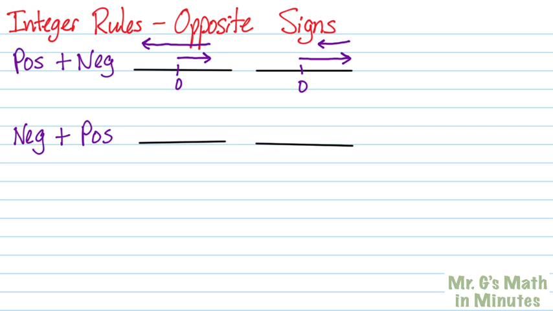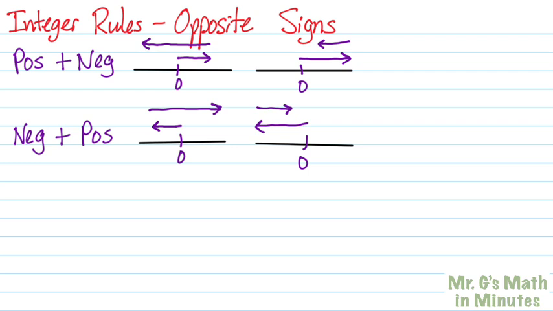And then the same is true with the negative number coming first. We can have two different situations here. Again, if we go negative first with a smaller absolute value, and then a positive number that takes us across 0, or we can have a larger negative number first with a smaller positive number that keeps us on the negative side.